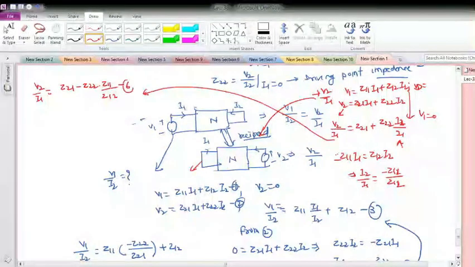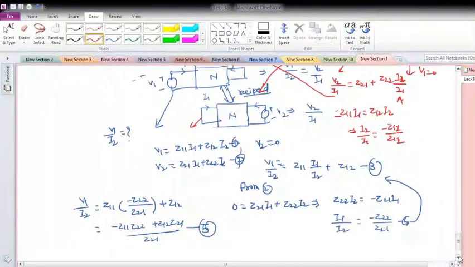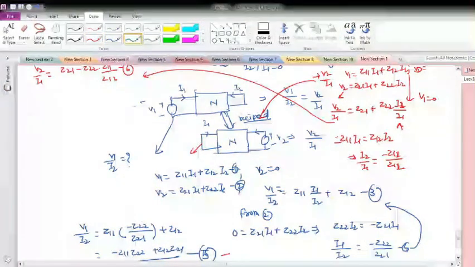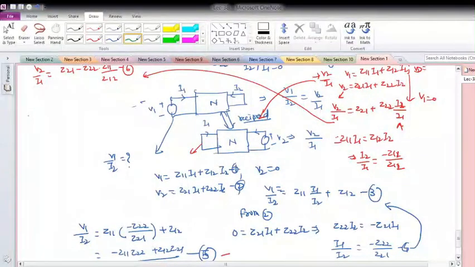Call this equation number 6, and I will compare 5 with 6. This equation I will compare with the equation which we have obtained here, so which was Z21, which means now Z12 into Z21 minus Z22 Z11 over Z12.